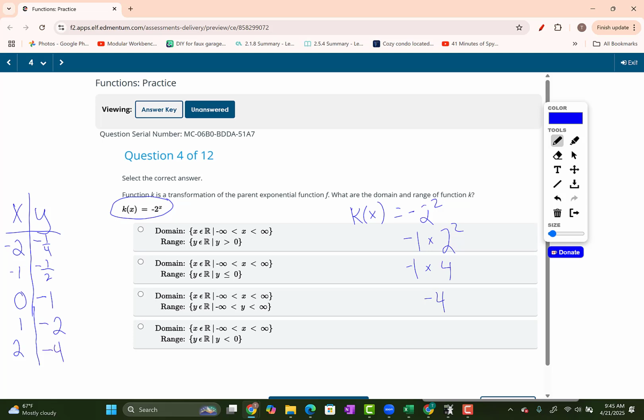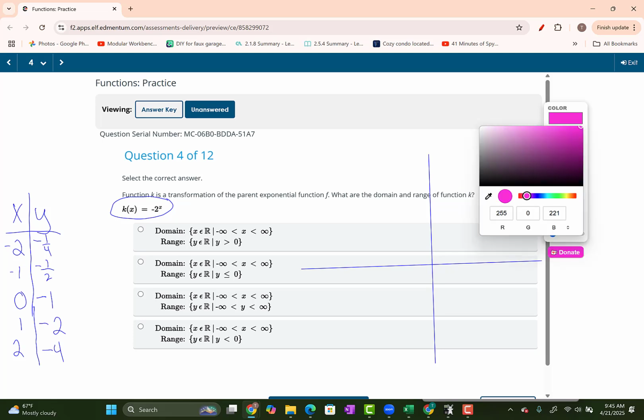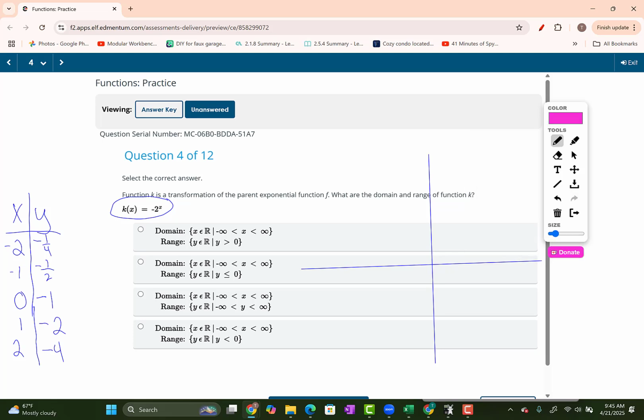So real quickly, let's make a makeshift graph here. I'm going to erase all this. We're going to graph those points. The first point is -2, -1/4. So that's left 2 and down just a smidge.